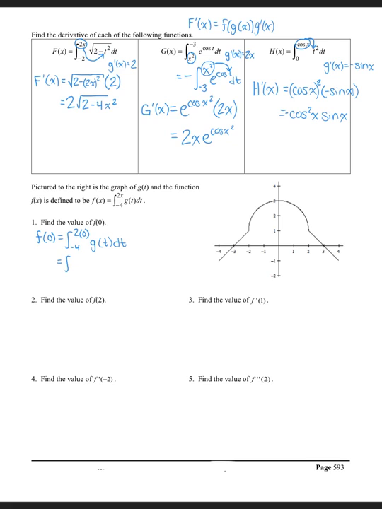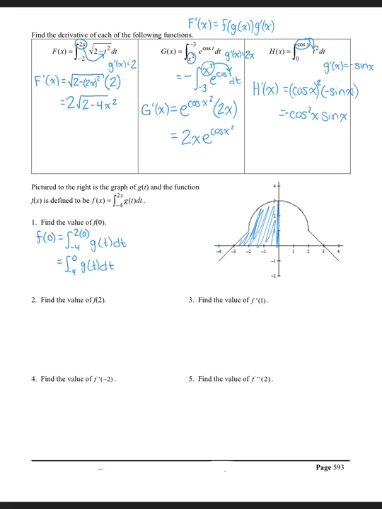So my integral becomes from -4 to 0 of g of t dt. Okay, so from -4 to 0, we are looking at all this area here. And using geometry, we can figure out that area.